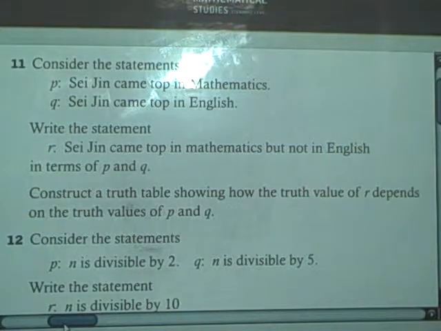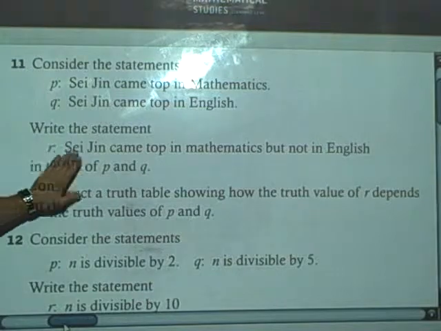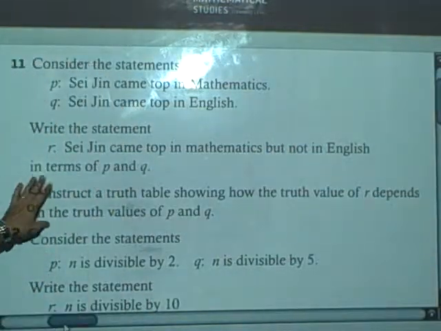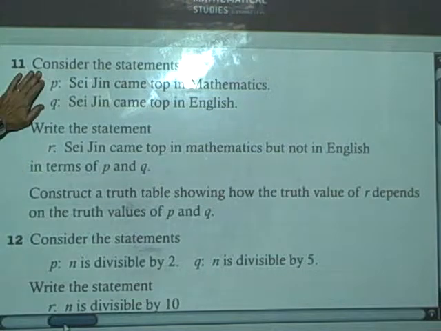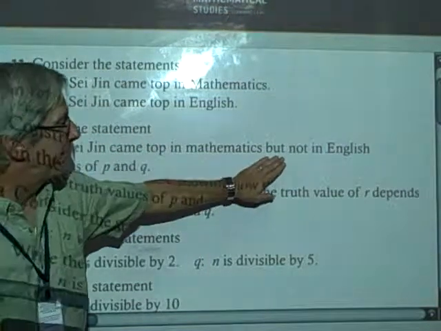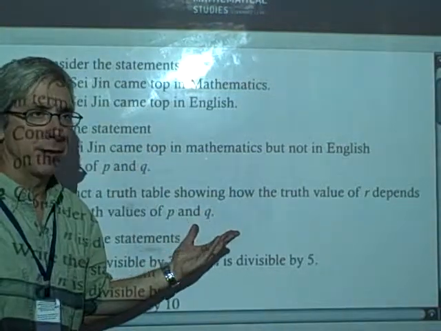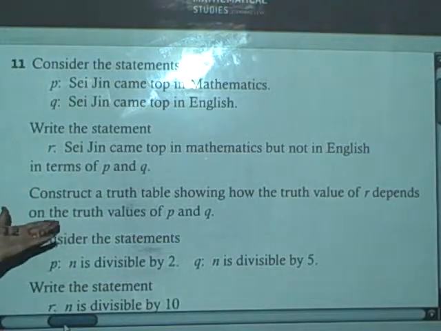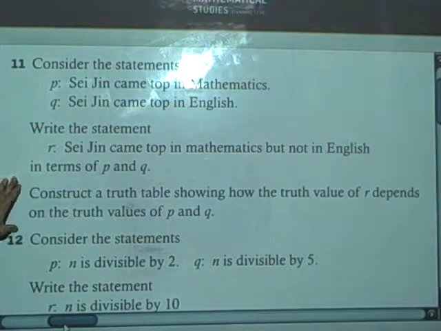Say Jim came top in English. Write the statement "Jim came top in mathematics, but not in English" in terms of P and Q. So we're going to use P and Q. Notice that this English word "but" isn't involved in symbolic logic. We don't use that. We use the "and" form in here. All right? And that's what we're going to do. We're going to construct a truth table showing how the truth value of R depends on the truth values of P and Q. Okay, so this is number 11.